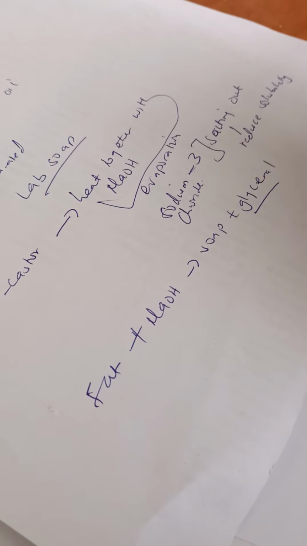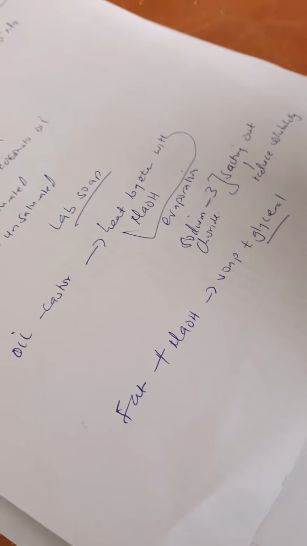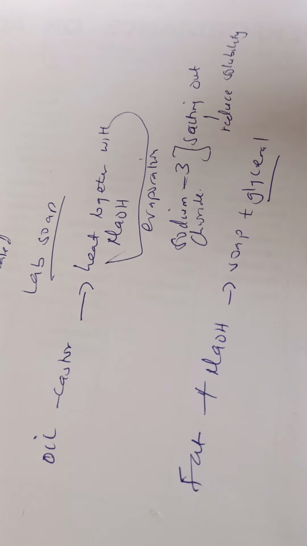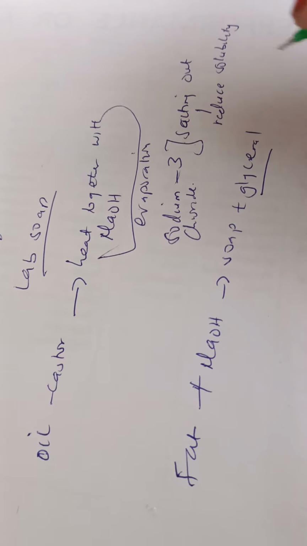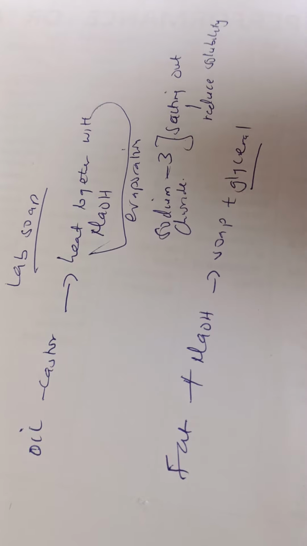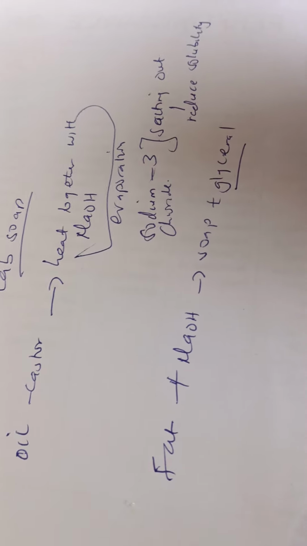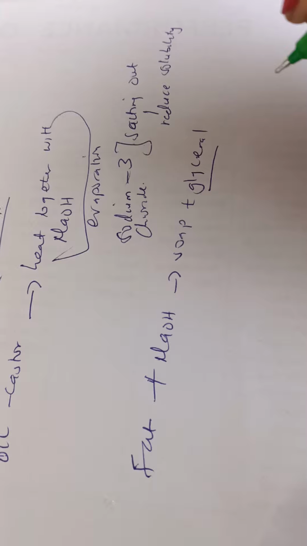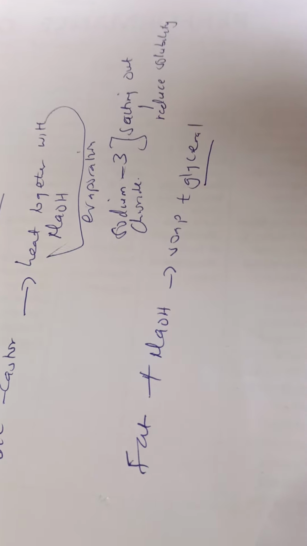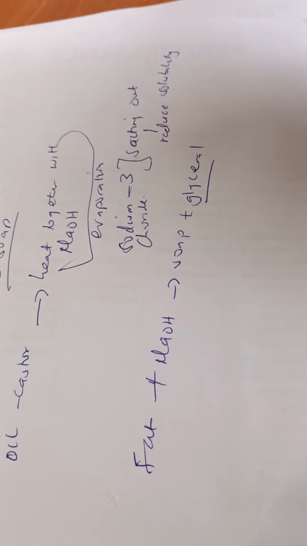So when you are preparing soap, you take oil, you mix with sodium hydroxide and heat them. When you heat them, you add a little distilled water while you are heating, and then you add sodium chloride to salt out. And the salting out is to reduce soap from dissolving in the glycol.